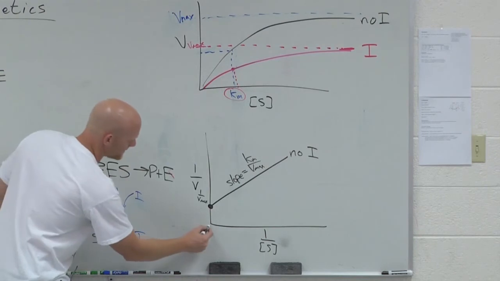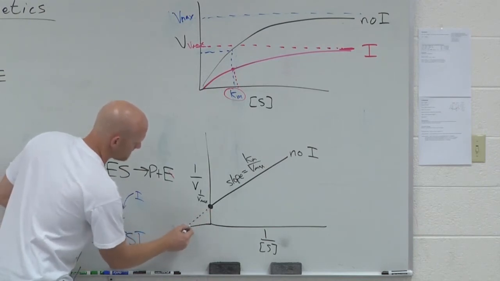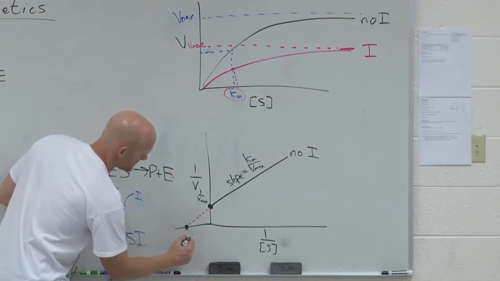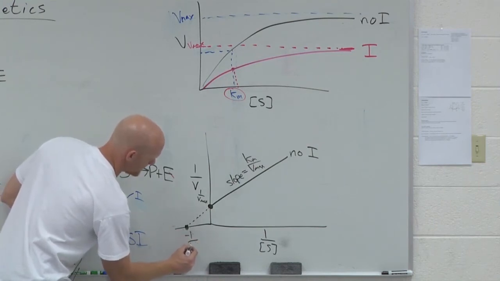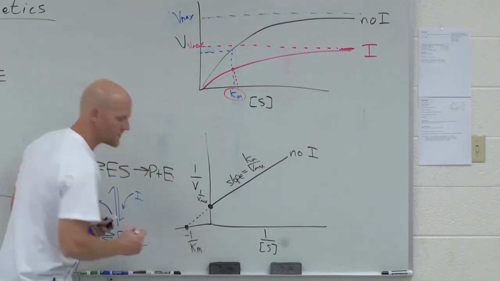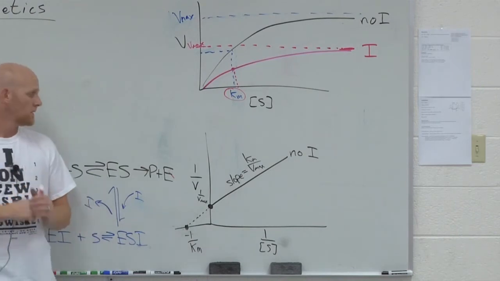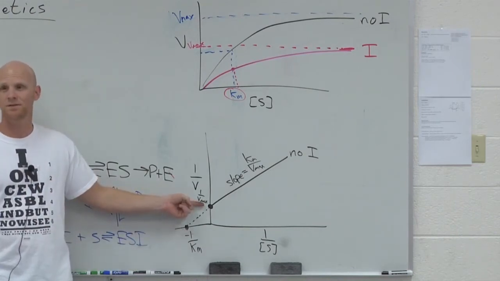And again, if we extrapolate back, our x-intercept is -1 over Km. Will my y-intercept change now?